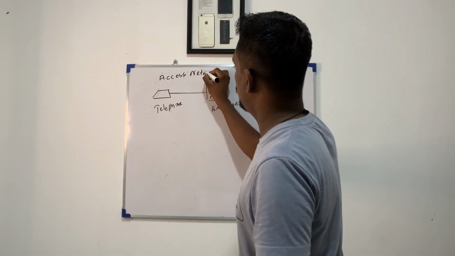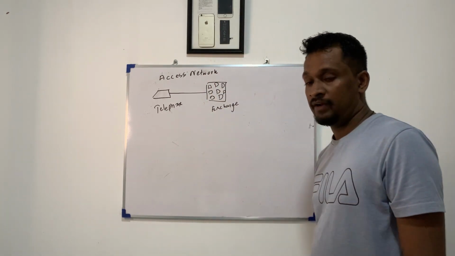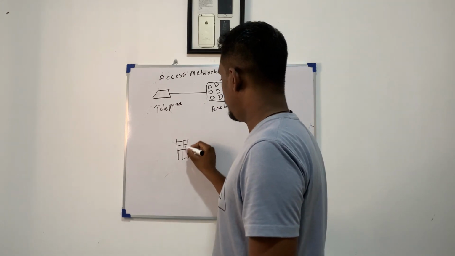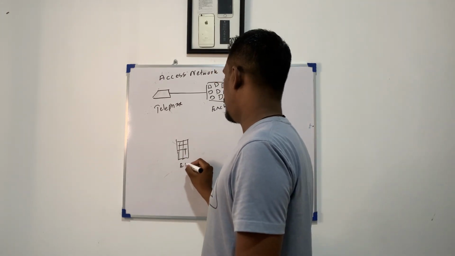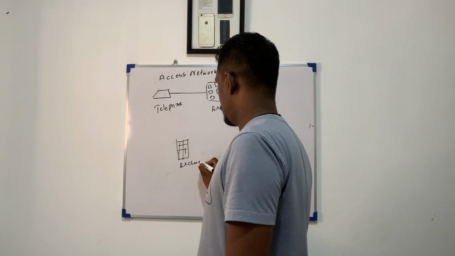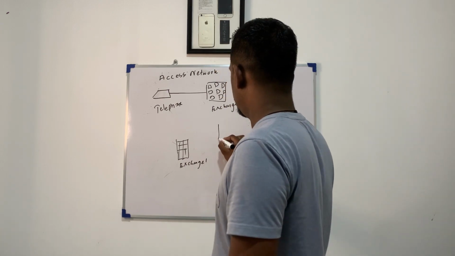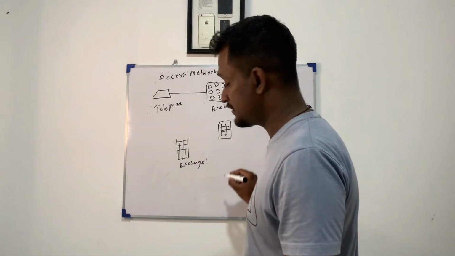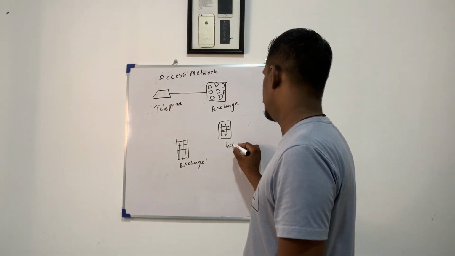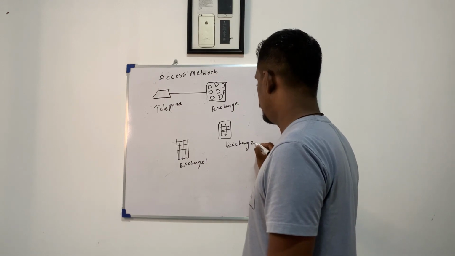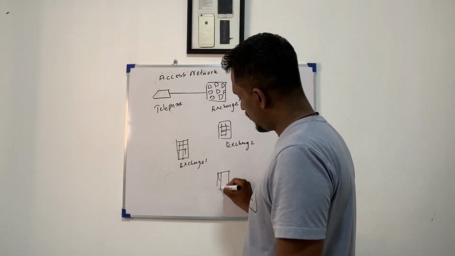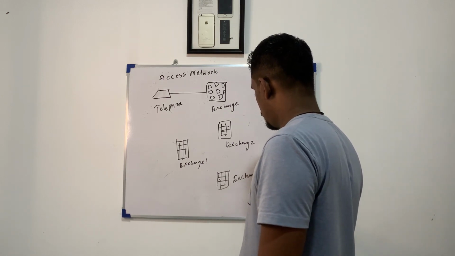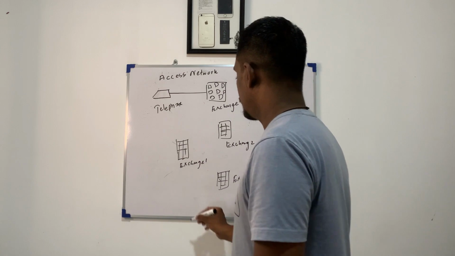is called the access network. When we connect a few exchanges together to build up a network, this is exchange 1 and this is another exchange, exchange 2, and here I will draw another called exchange 3, and another called exchange 4.